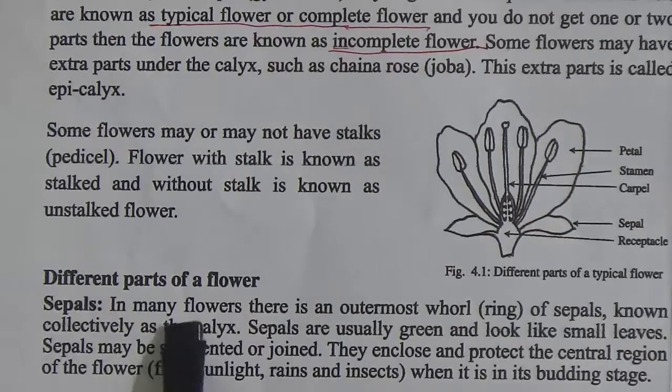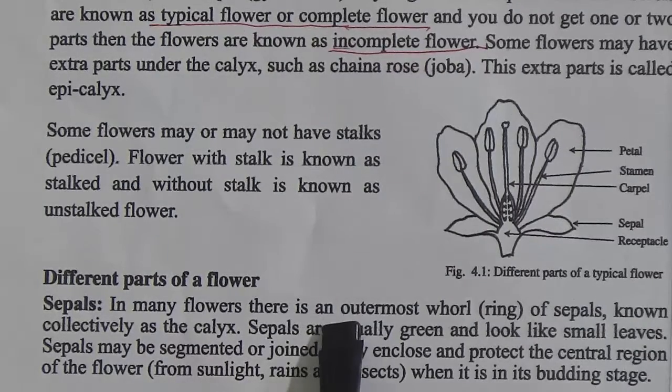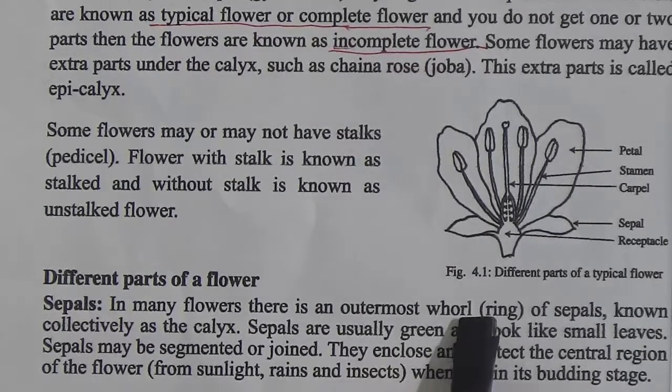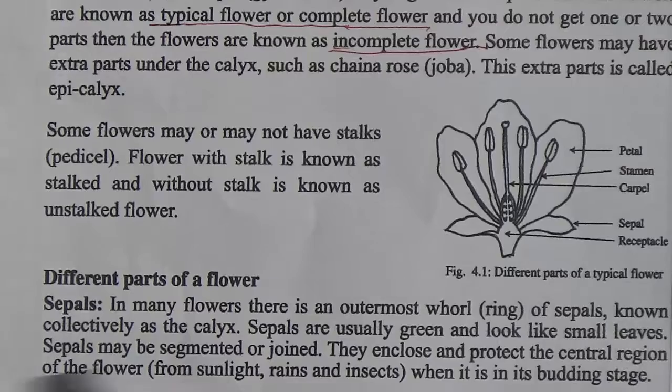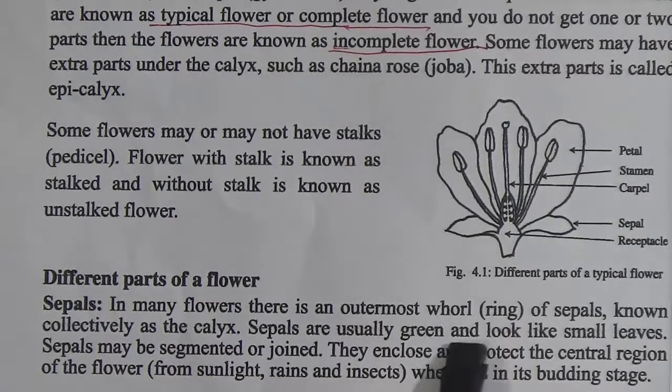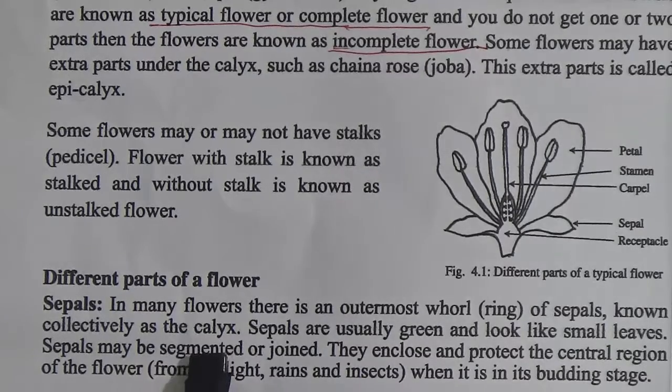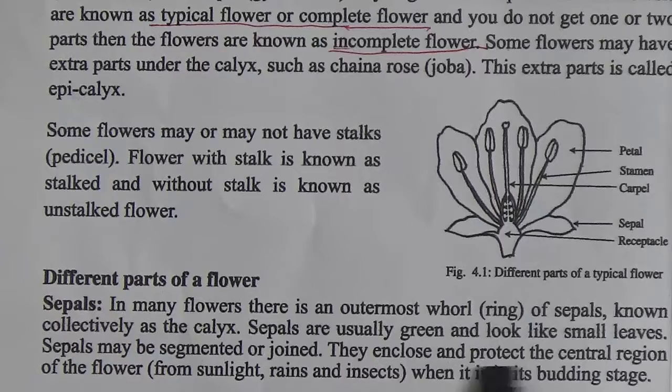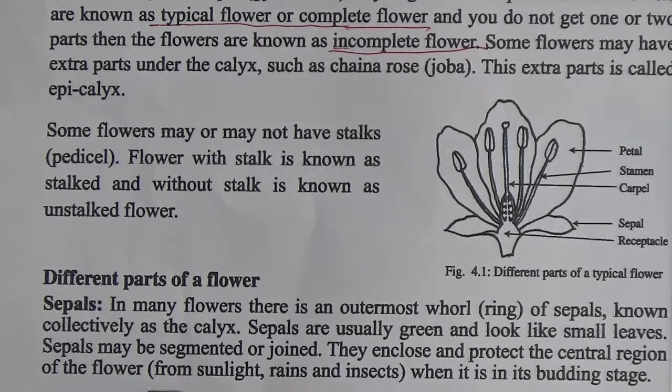Sepal. In many flowers there is an outermost whorl of sepals known collectively as calyx. Sepals are usually green and look like small leaves. Sepals may be separated or joined, and they enclose and protect the central region of the flower from sunlight, rain, and insects.